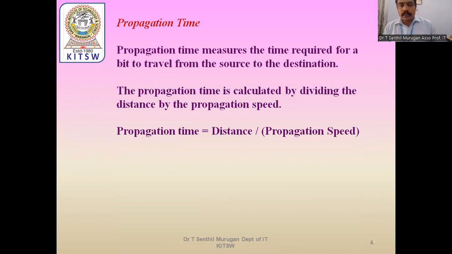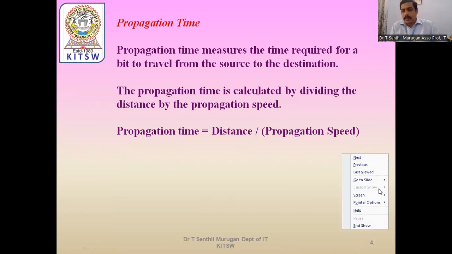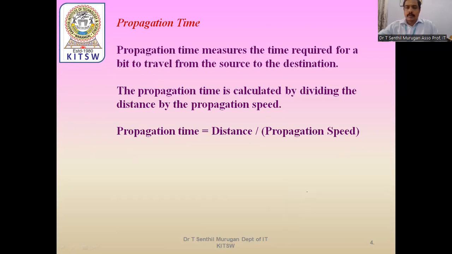So before going to discuss about bandwidth, we must know propagation time. What is propagation time? Okay. The propagation time measures the time required for a bit to travel from the source to the destination. So this is the source, this is the destination.